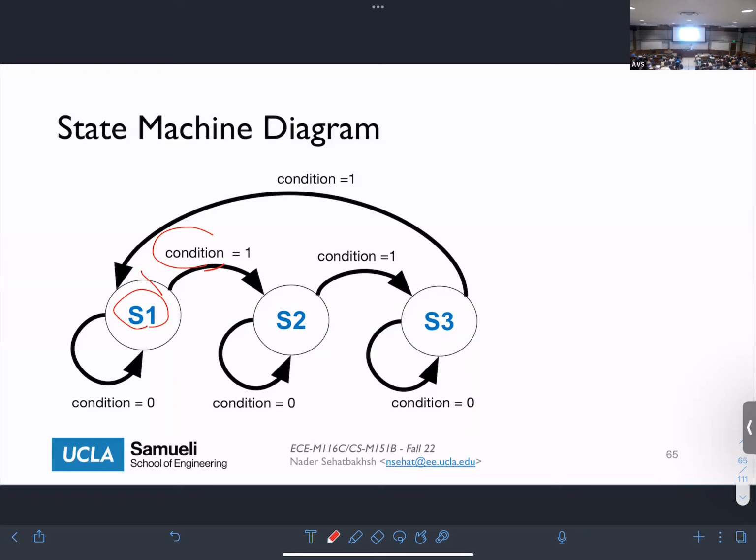For example, if it's a branch and we want to update the PC, if RS1 is equal to RS2, that means we can transition to another state and so on, right? So there's usually one condition involved, and based on that, we jump to another state. And we can have multiple of these states. In this specific example, I'm showing you 3 different states, but it could be more than 3 or less than 3 and so on, right? So each of them has some condition to go to another state, and they usually also have a condition to stay within their state, okay?